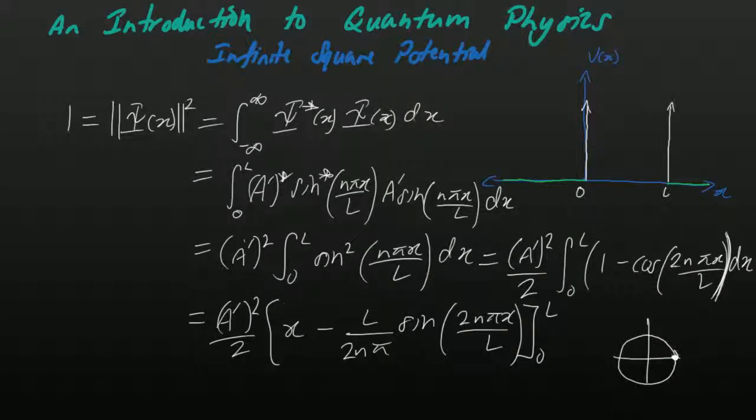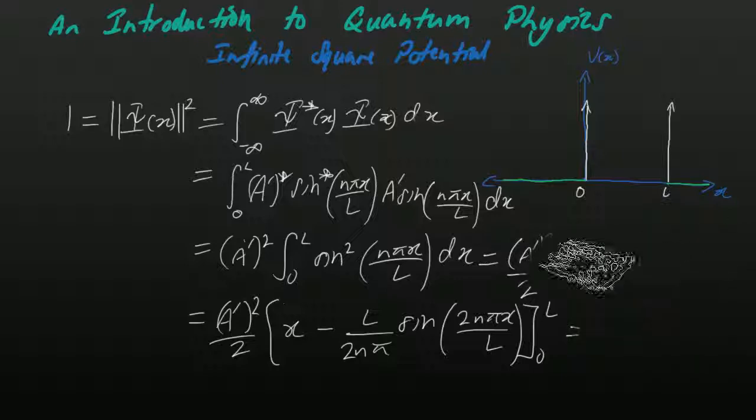When n equals 2, we go around again, 4 pi, sine is 0, and so for all n, sine is 0, so that term will also disappear, and of course 0 and 0 there, 0. So in the end, this integral evaluates to A prime squared on 2 times L. That's really cool.